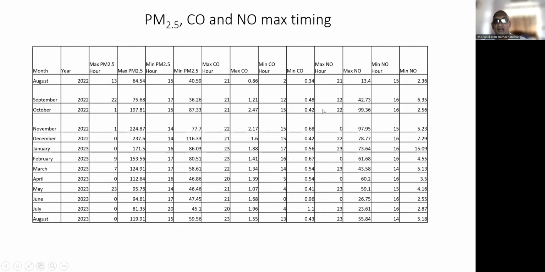This is how I have tried to expand in more detail with the table. Somebody who has the time can look into this detail. I will also publish a paper on this so that people can read through it and understand.